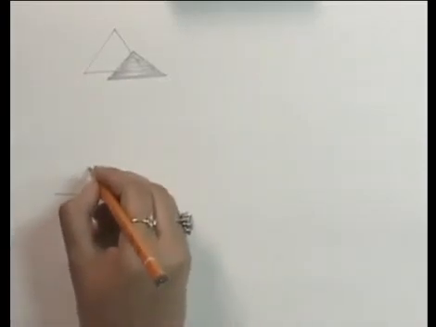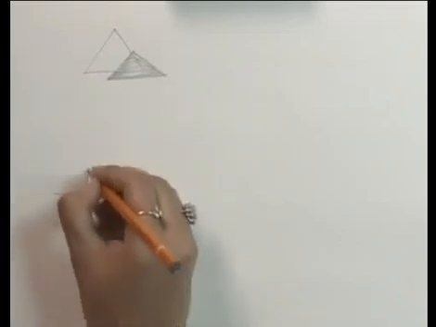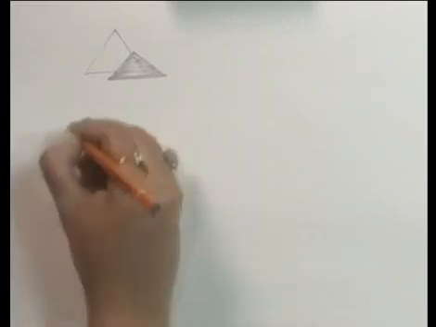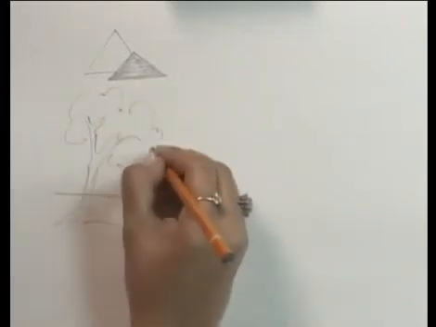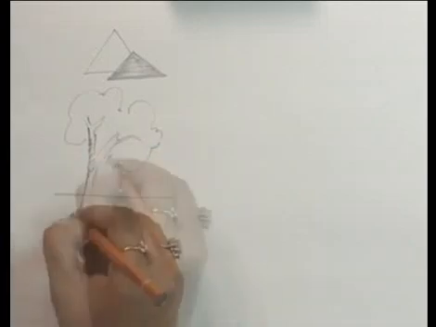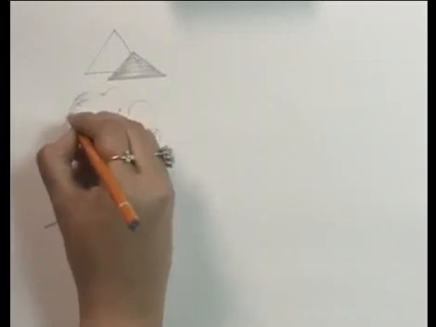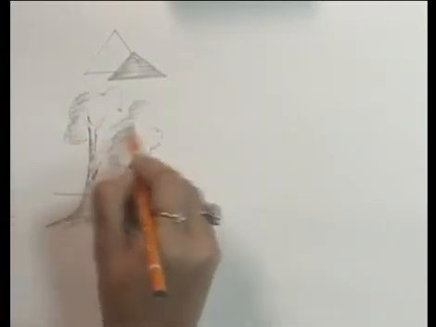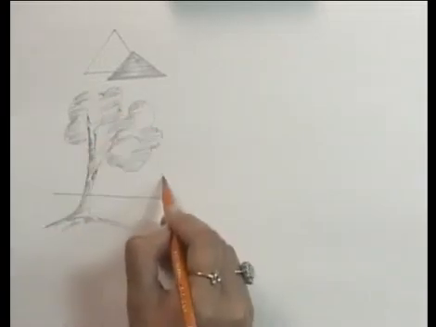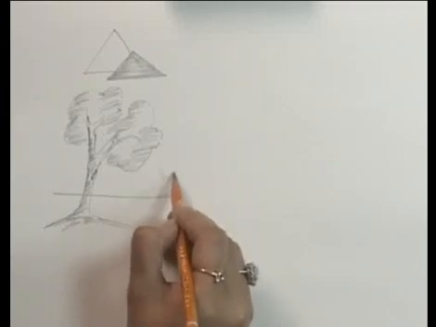To show an object near, the line should be drawn bold and dark. To show objects in the distance, the line should be drawn dim and thin.